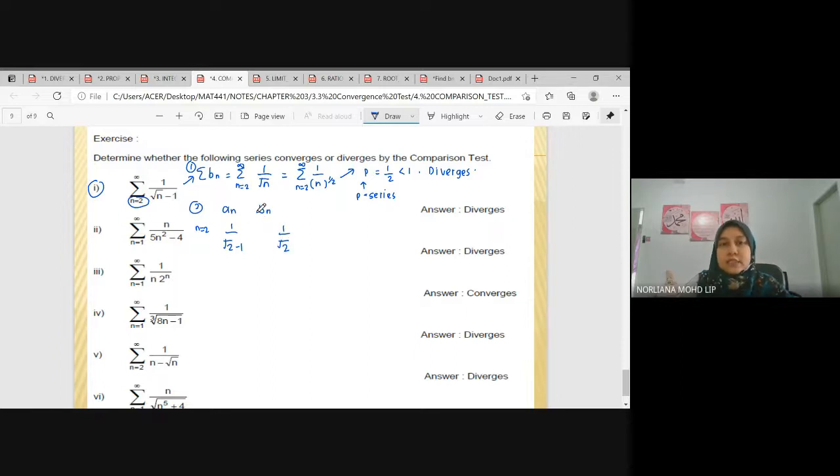Check whether AN is bigger or smaller than BN. This is bigger. AN is greater than BN. So it diverges, following the earlier one which diverges. The third step, conclusion: this series where n equal to 2 until infinity is divergent.